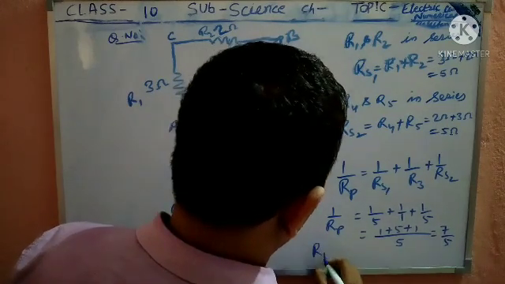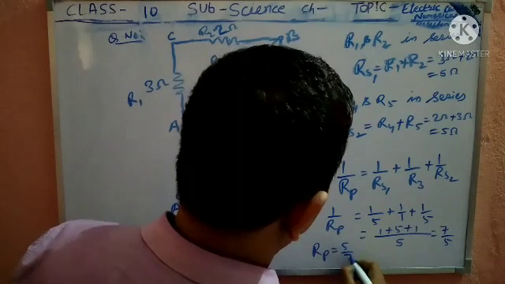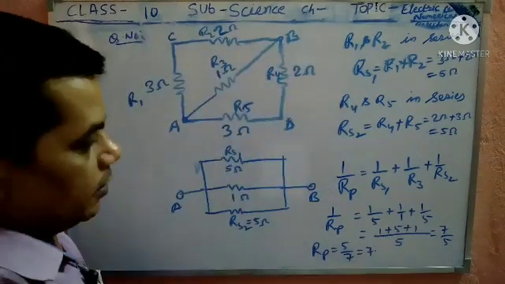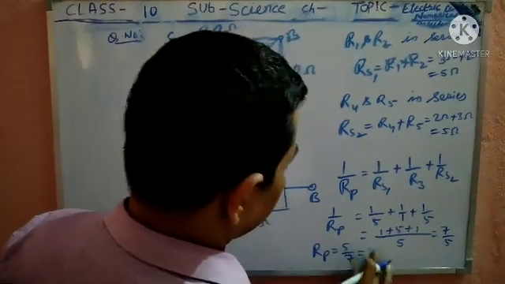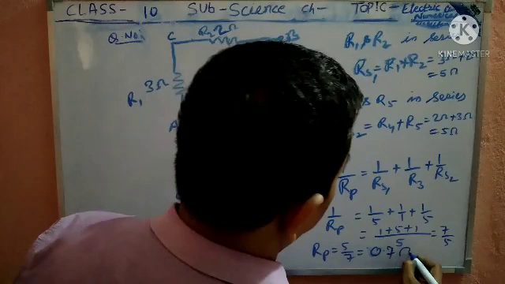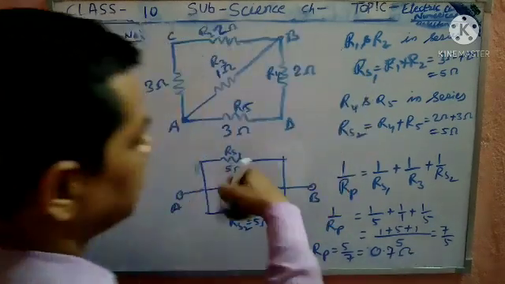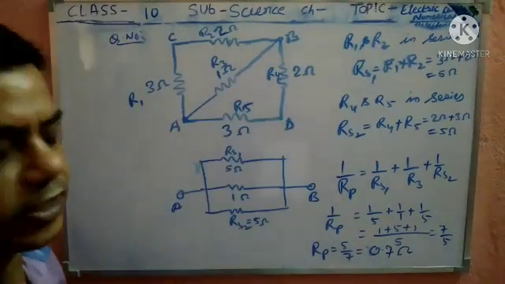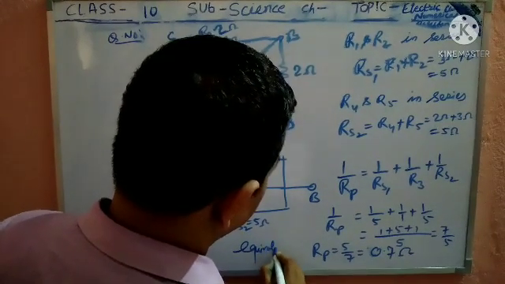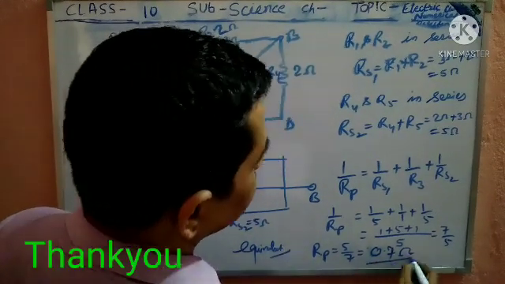So Rp is equal to 5 by 7, that is about 0.7 ohm. The total equivalent resistance Rp is 0.7 ohm.